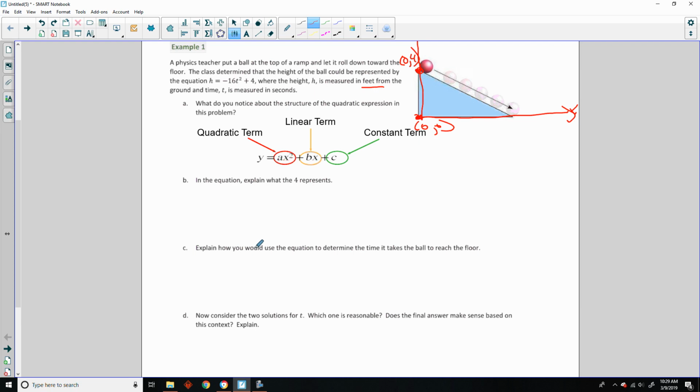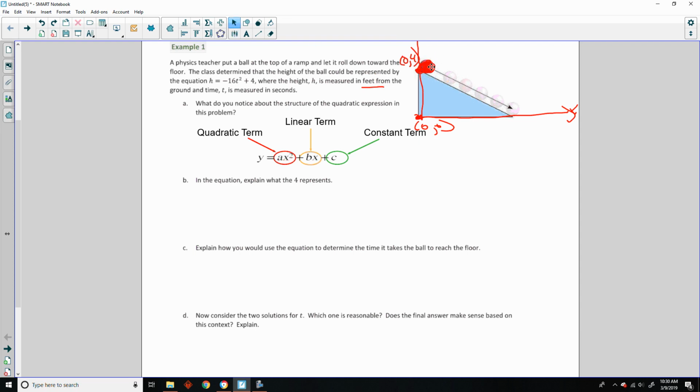Part C says, explain how you would use the equation to determine the time it takes the ball to reach the floor. Okay, the ball reaches the ground when the height is 0. So when does the ball reach the ground? Here's our ball.